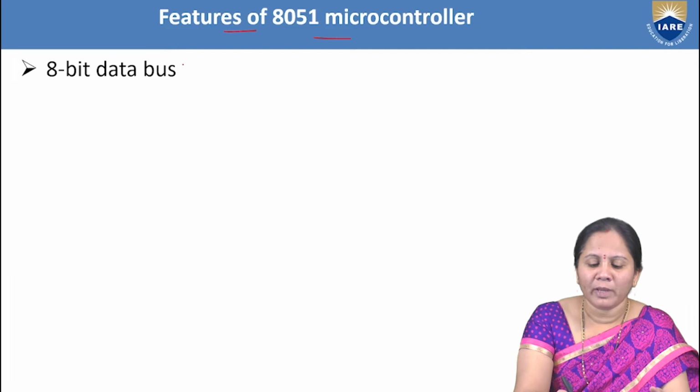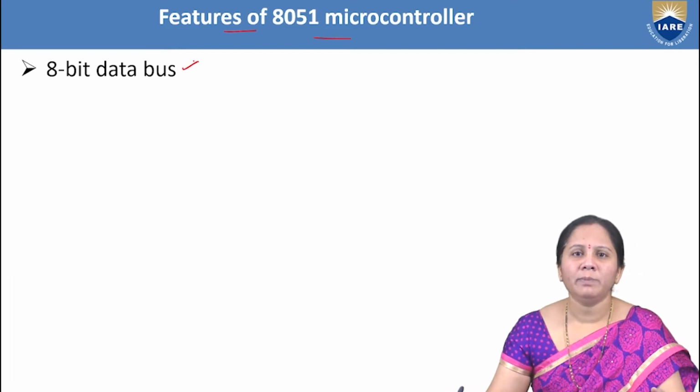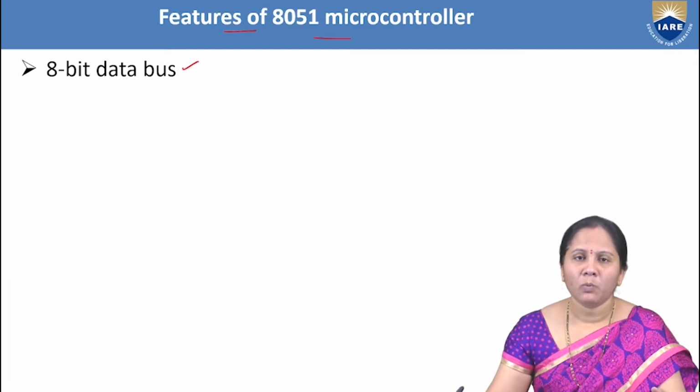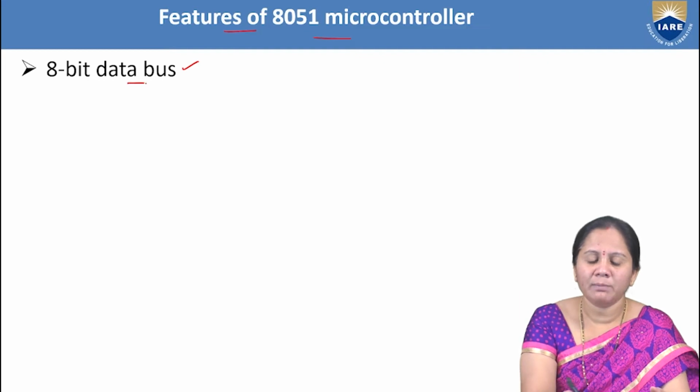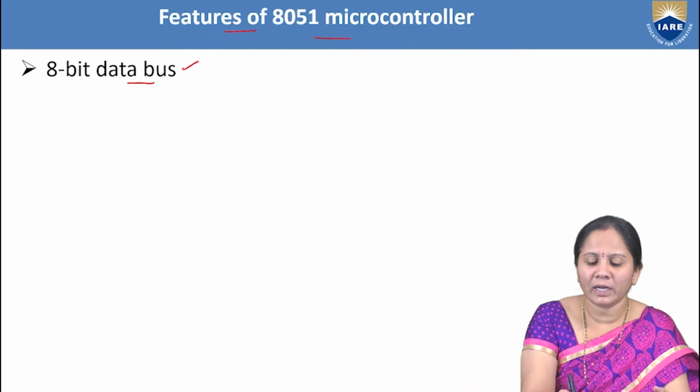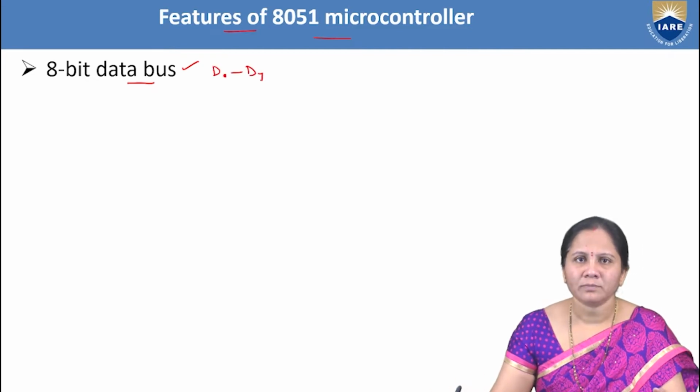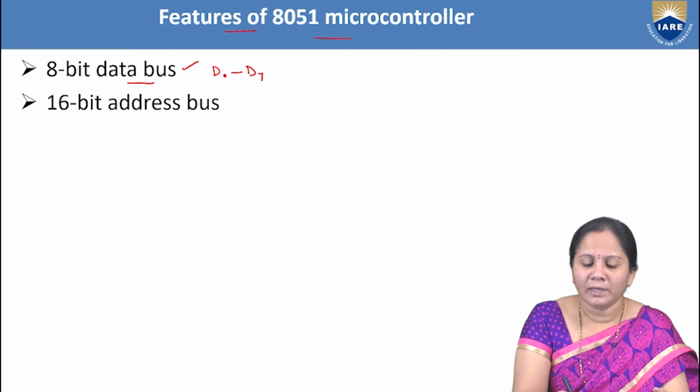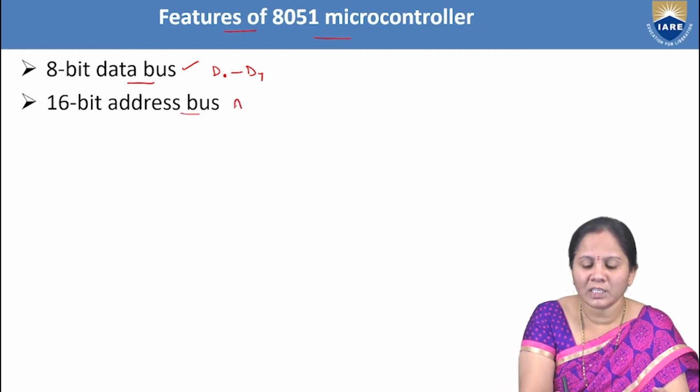The 8051 microcontroller is called an 8-bit microcontroller. Why? Because it has a data bus size of 8 bits, so you have data lines from D0 to D7. The address bus size is 16 bits, so we have address lines from A0 to A15.